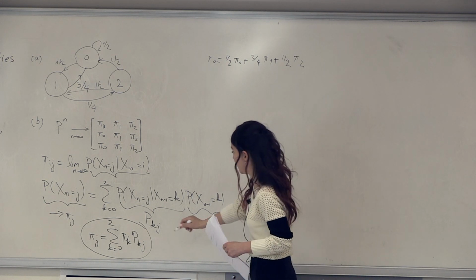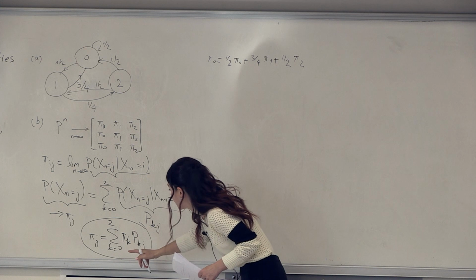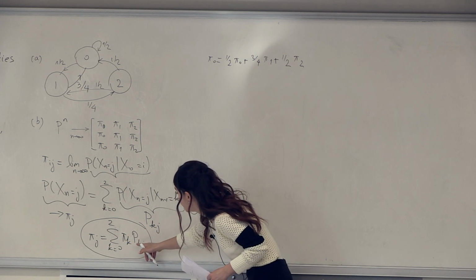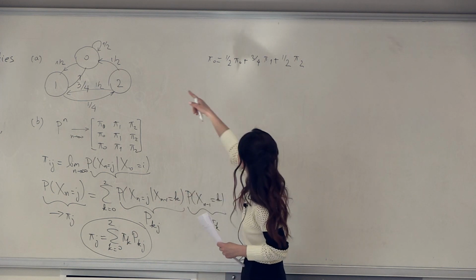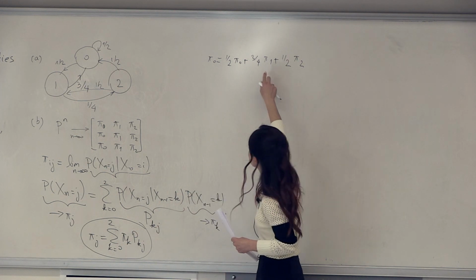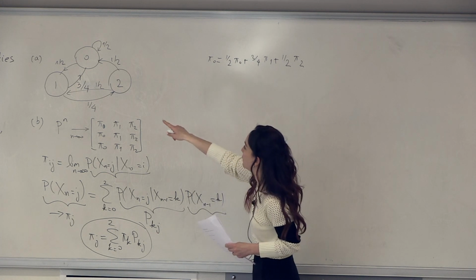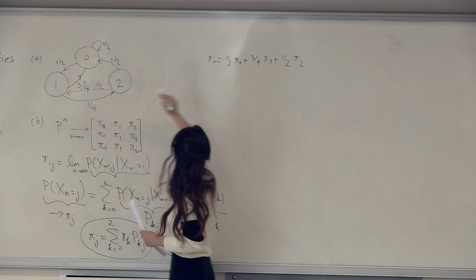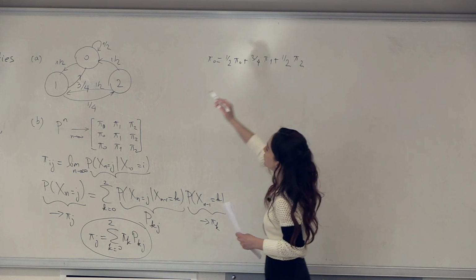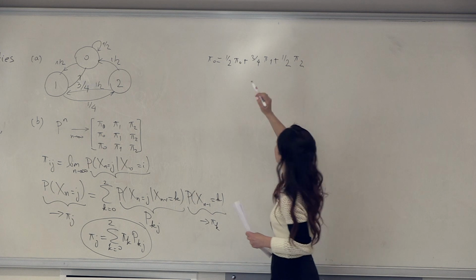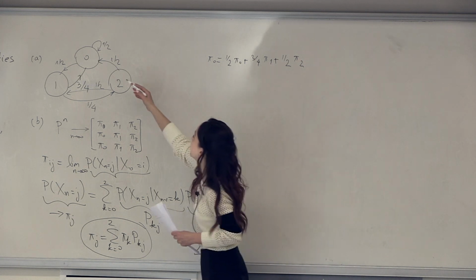That is, pi 0 is equal to pi 0 times p00, plus pi 1 times p10, which is 3/4, plus pi 2 times p20, which is 1/2.